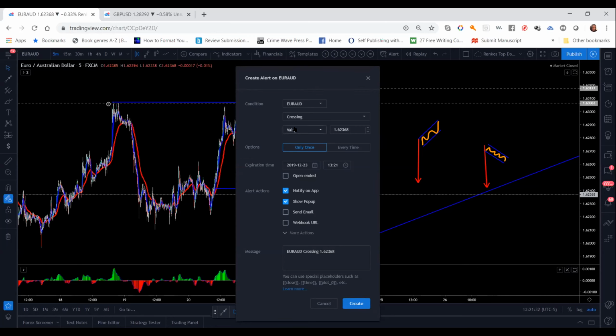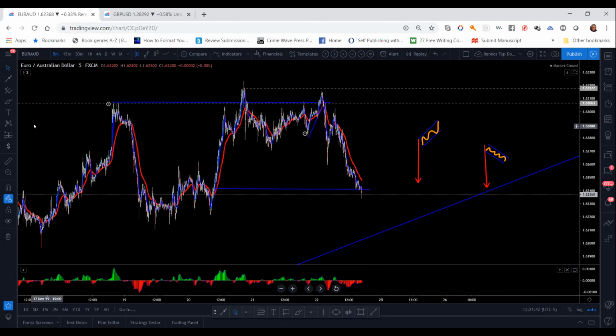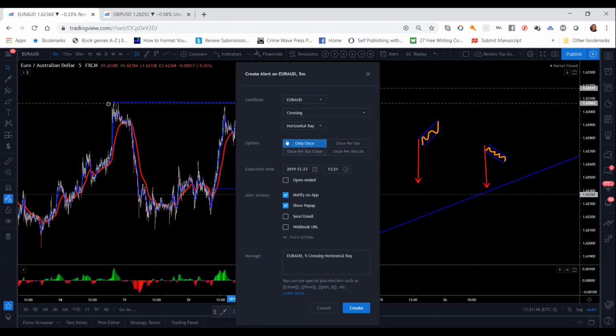Right here where it says value, you got EMAs and you got MACD because I don't have anything selected on the chart. Now, if I had selected this and then clicked alert, it gives me the option for the horizontal ray, my EMAs, or my MACD. If I choose MACD, crossing, you can put crossing up, crossing down.